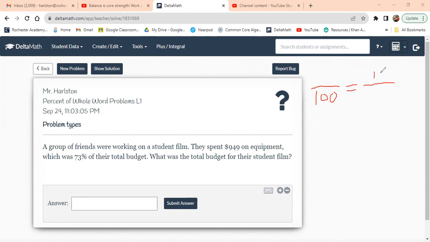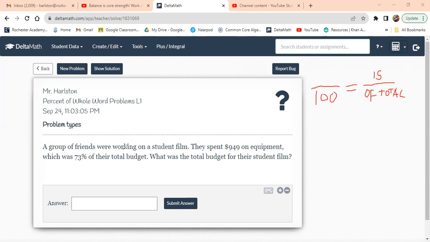This is always going to be the is part, and this is always going to be of the total. So you always have to look to find the total, and that's going to go on the bottom right. And the is part is going to go on top. And the percent's going to go on top left.